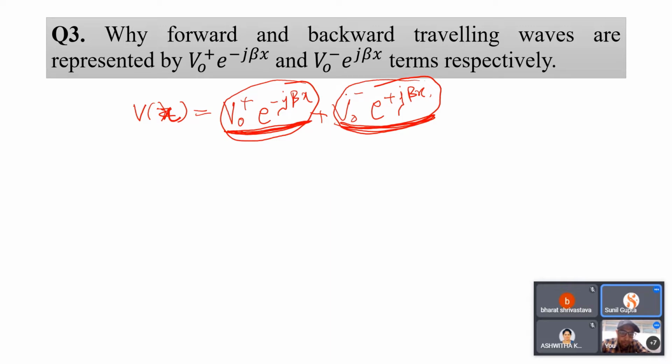I mean, if you take a particular point in the wave and see its locus as a function of time, then we will see that as time increases, that particular point is progressing towards the positive x direction. Yes, exactly. Yes, you are right.